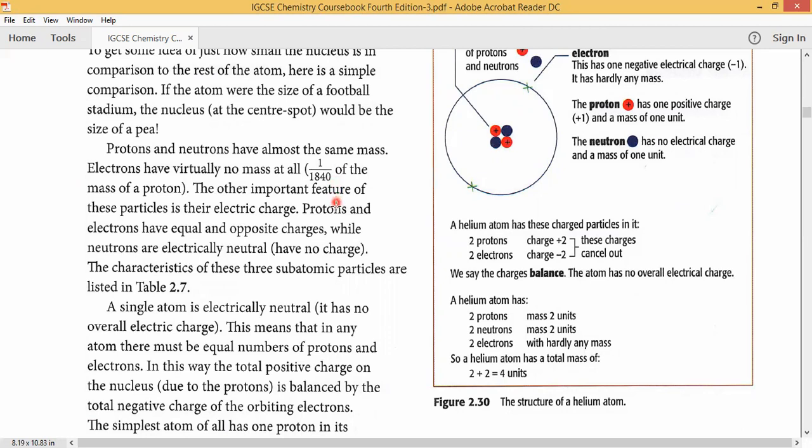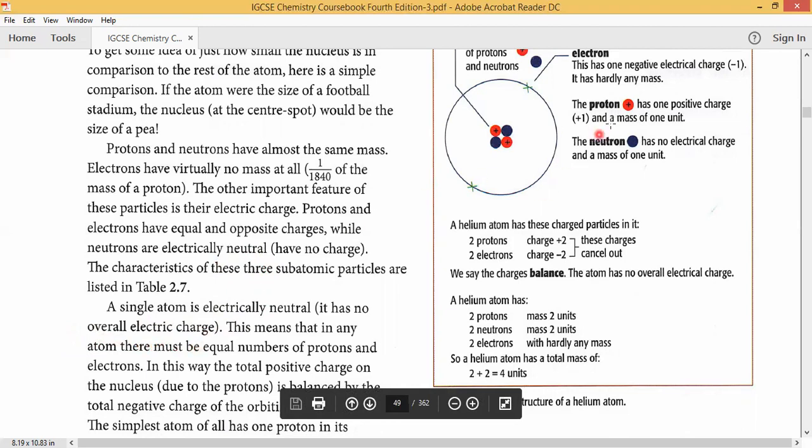Now, an important feature of all of this is that electrons and protons have charges equal but opposite. Neutrons have no charge. We call them neutral. An entire atom is electrically neutral, which means it has no overall electric charge.